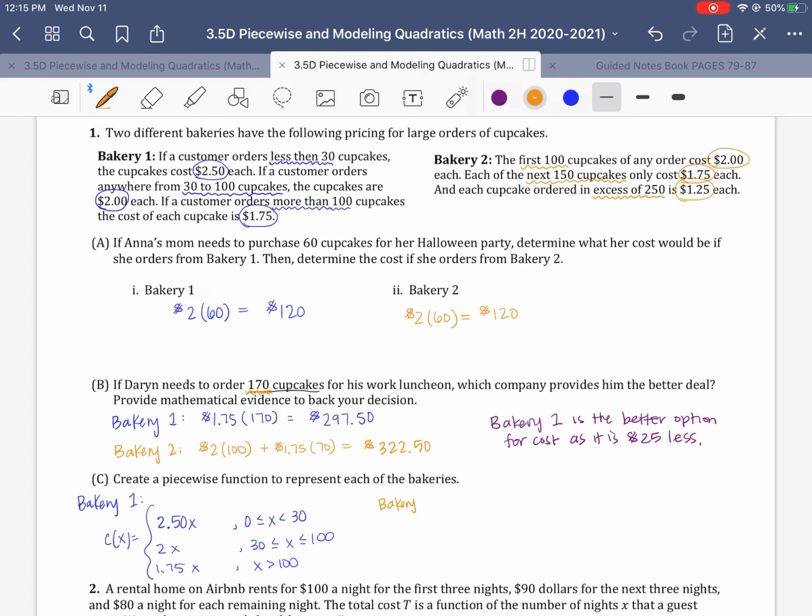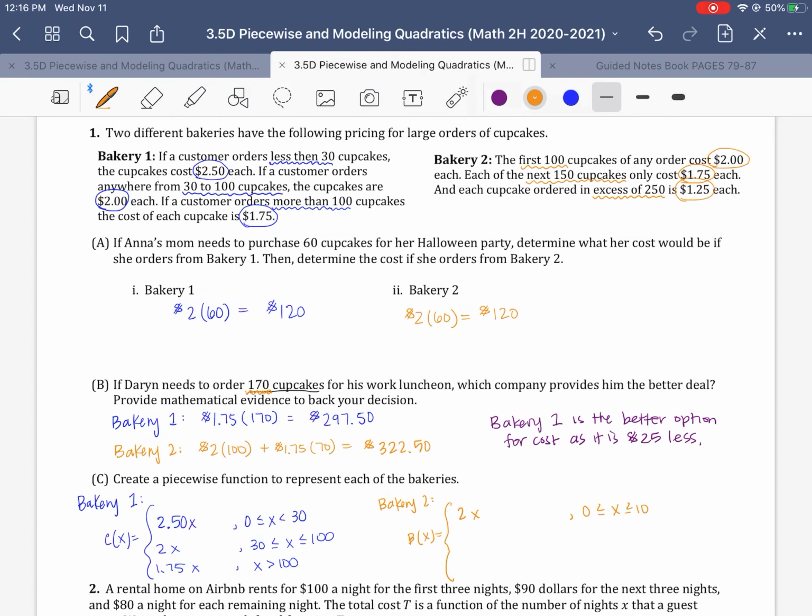When we look at Bakery 2, this one's a little bit more complex, although it starts out about the same, kind of like Anna's mom had the same price for those 60 cupcakes. So if you look at the first one, the first 100 cupcakes of any order are $2. So these are just $2 per cupcake for the first 100.